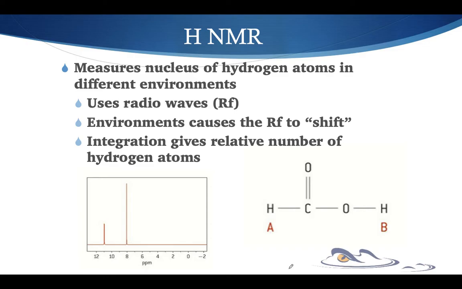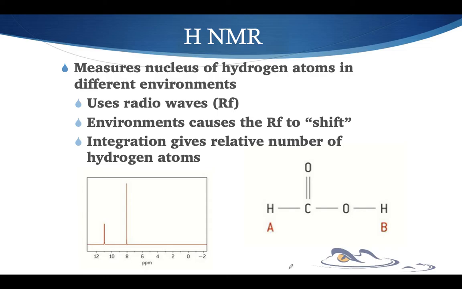They send different radio frequencies through a sample of this, and then some of those wavelengths are absorbed because that is where the hydrogen atoms are resonating, and so they're using up that energy at that particular frequency, and we're able to see that. They refer to these absorption frequencies as shifts.